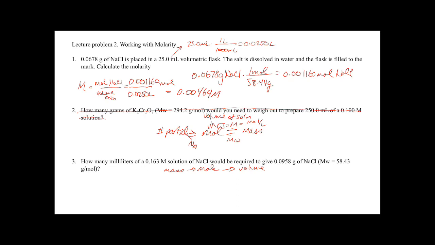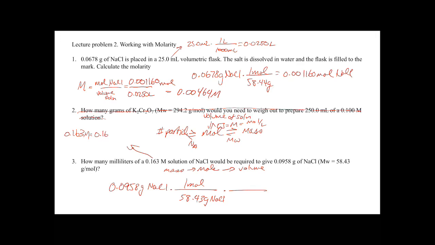To do this, we're going to start with our 0.0958 grams of NaCl. We have to get it to moles, so we're going to divide by the molecular weight, which is 58.43 grams for every 1 mole. Once we have the number of moles of NaCl, we can now invoke the concentration. The way to think about concentration in this case is that our 0.163 molar is the same thing as 0.163 moles per every 1 liter.